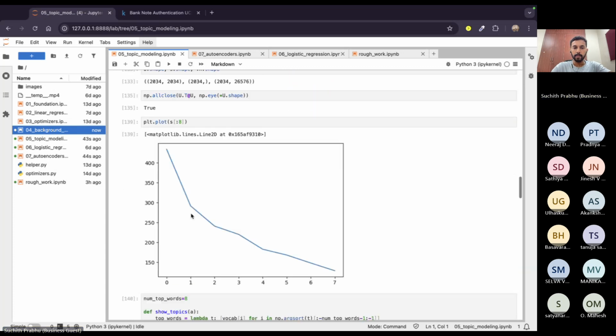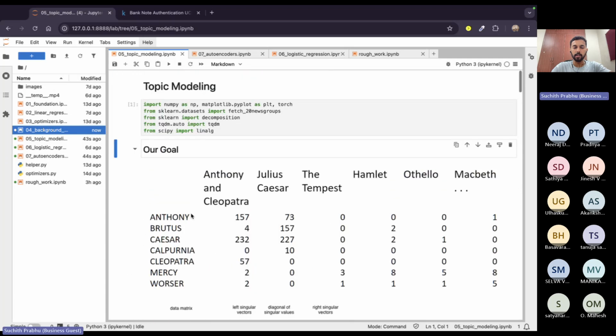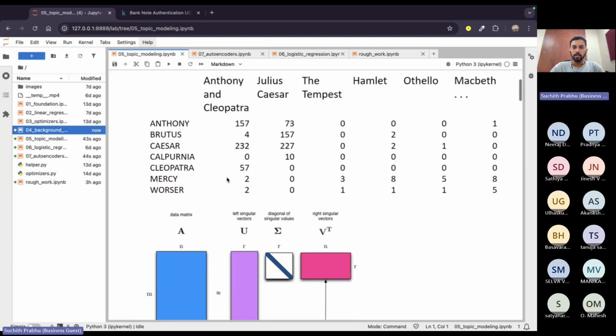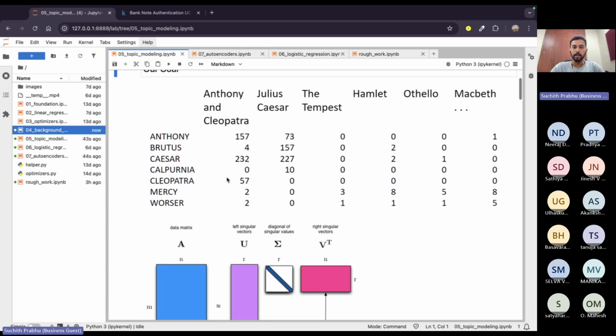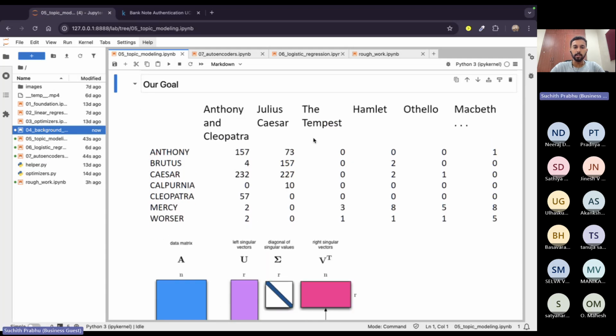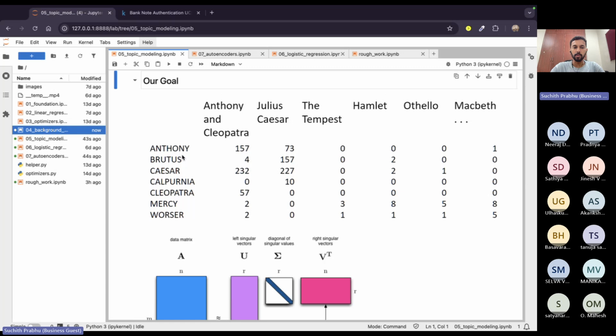Basically, what we are doing here is we are given a corpus. There are lots of documents present, and we want to get an idea of what topics are present in all those documents. For that, we'll first construct this term document matrix from the corpus.